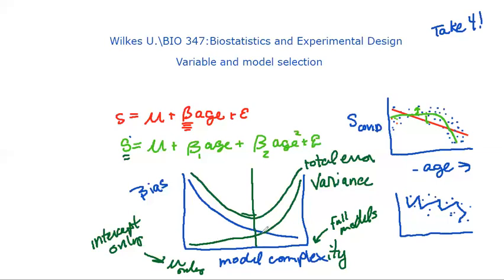Somewhere in here is the sweet spot. We call this side of the curve underfitting. We haven't explained enough and we miss a number of predictions because we just don't have the right model.